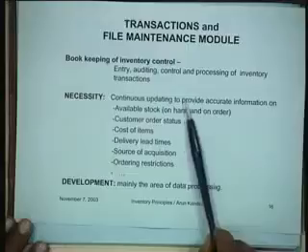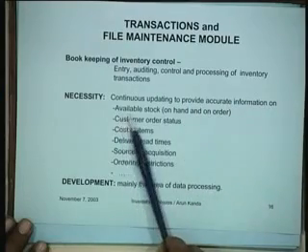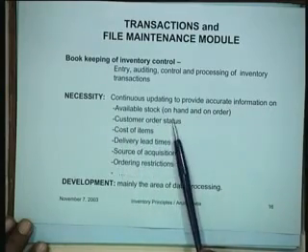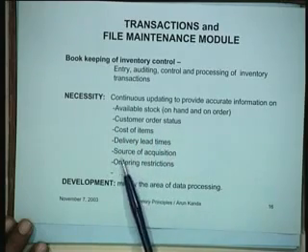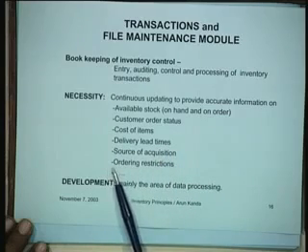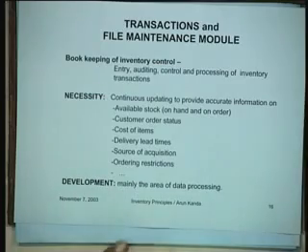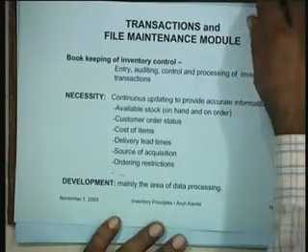So it involves entry, auditing, control and processing of inventory transactions, and what is required is continuous updating to provide accurate information on available stock, customer order status, cost of items, delivery lead times, sources of acquisition and ordering restrictions. Mainly this would be required in the area of data processing, in any situation where transactions are involved. So basically this is that component of inventory where you're updating the transactions.